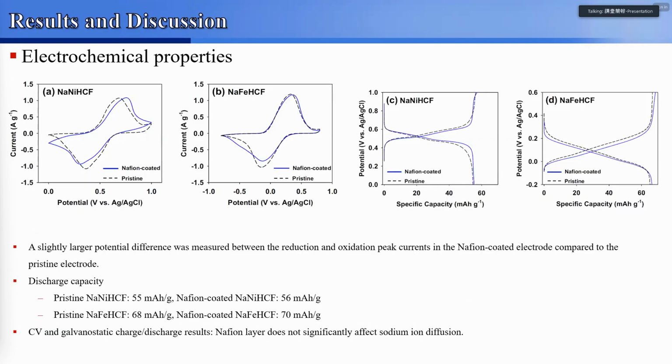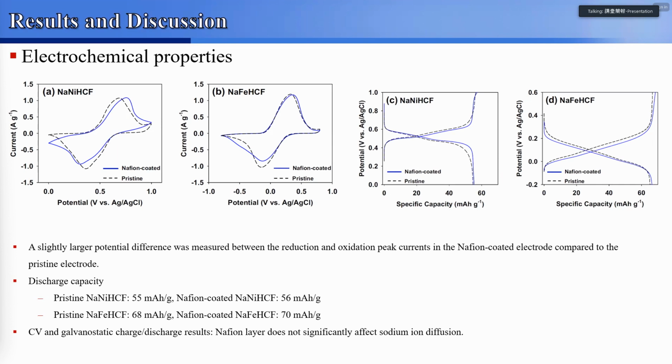And this page shows the electrochemical performance of coated and pristine Prussian blue analog electrodes. And from the cyclic voltammetry data, the reaction peaks of pristine and Nafion coated electrodes are similar.